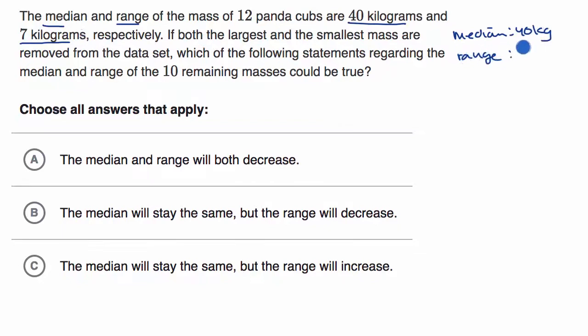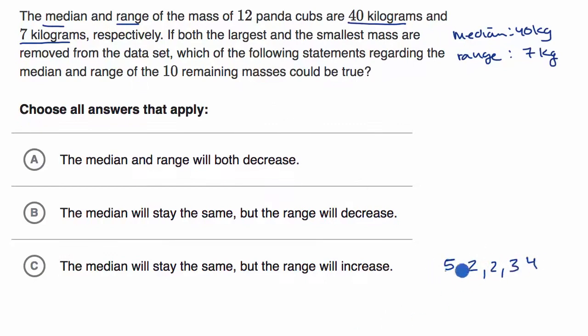is 7 kilograms. Now, before we go any further, let's remind ourselves what median and range even are. One way to think about the median is that it's representative of the middle of a set of numbers. Let's say, I'm going to do another example here before we look at the panda cubs. Let's say you had the numbers 5, 2, 2, 3, and 4.